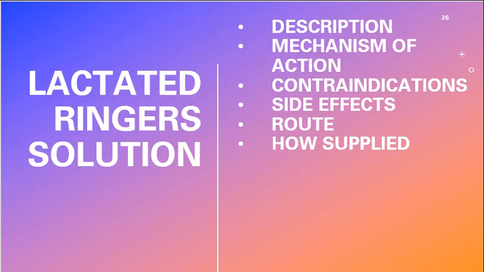So what are the solutions that we utilize in EMS? Let's take a look at lactated Ringer's. We describe lactated Ringer's as one of the most frequently used IV solutions for patients that are suffering from hypovolemic shock. It is an isotonic crystalloid solution, make sure you know that, and it contains the following electrolytes: sodium, potassium, calcium, chloride.